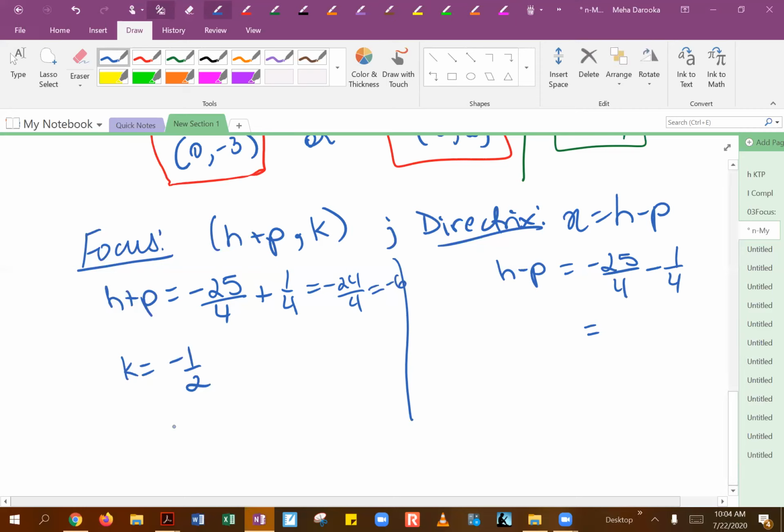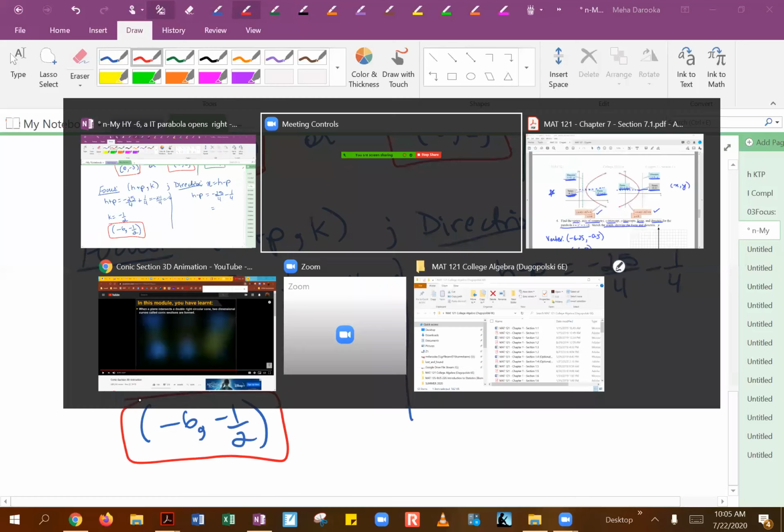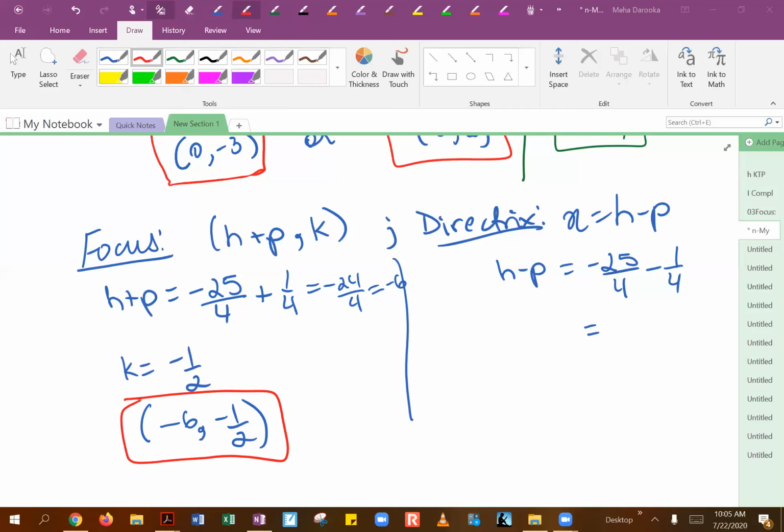So this would then become the ordered pair -6 and -1/2 for the focus. And then what do you have for the directrix here? H minus p.